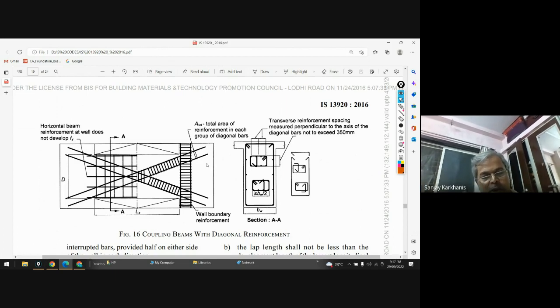Otherwise you will have to leave this design field. If you are staying away from lateral load analysis, then I will say that stay away from design also. It won't happen that you are not working on earthquake and wind analysis, and still you are managing a structural engineering position in reputed companies.